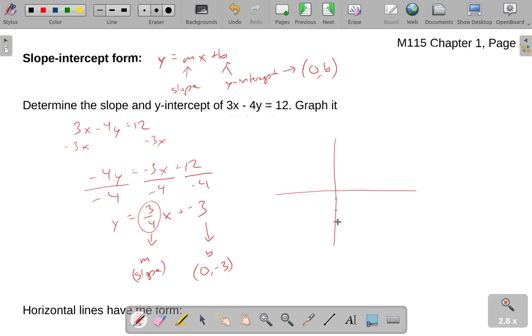It must go through the point 0, comma, negative 3. Whenever I'm graphing using the slope-intercept form, you always want to start with your y-intercept. And then I'm going to use my slope to find an additional point. My slope is 3/4, which says I go up 3, 1, 2, 3, and to the right 4, 1, 2, 3, 4, from any point on the line. I only know one point on the line, so that's where I'm starting. So this line would look something like that.